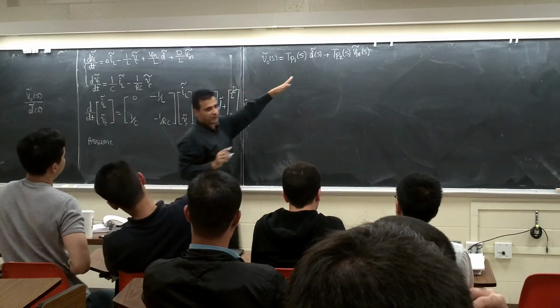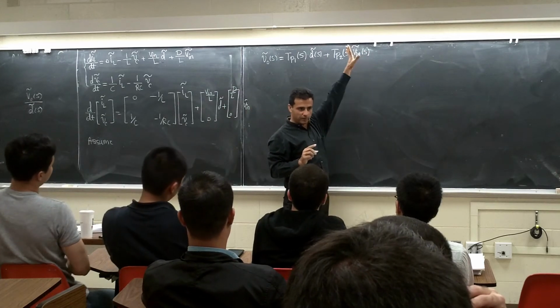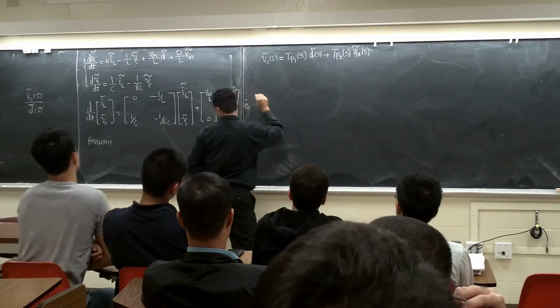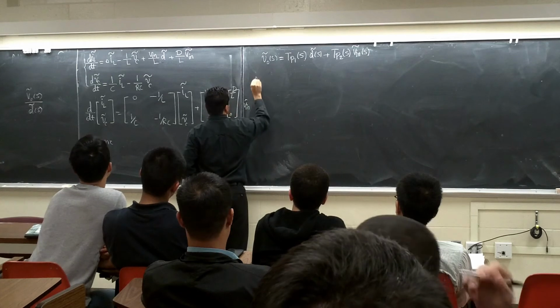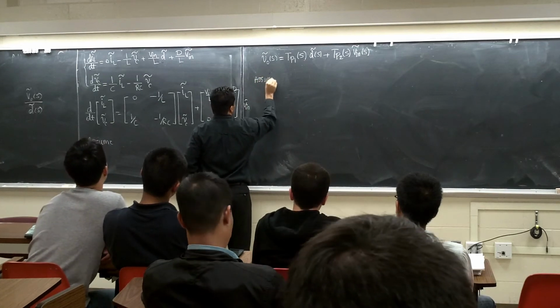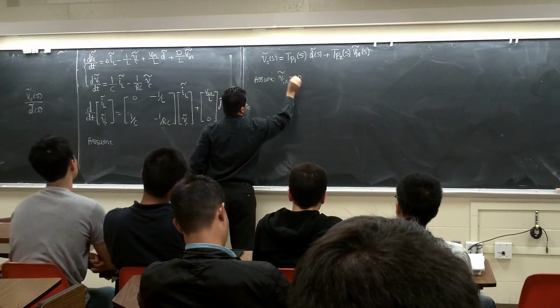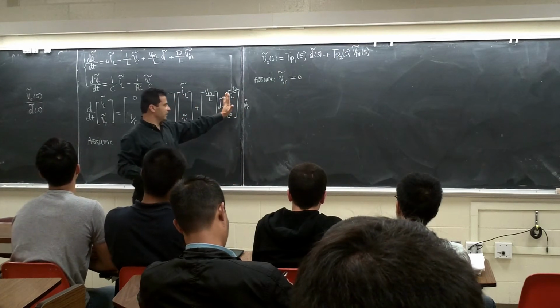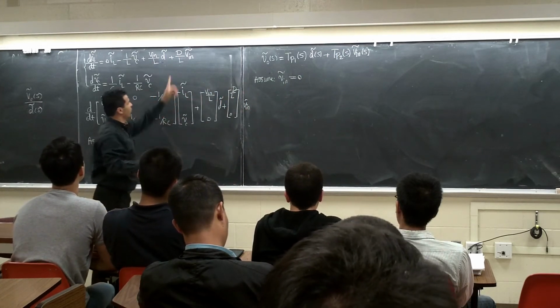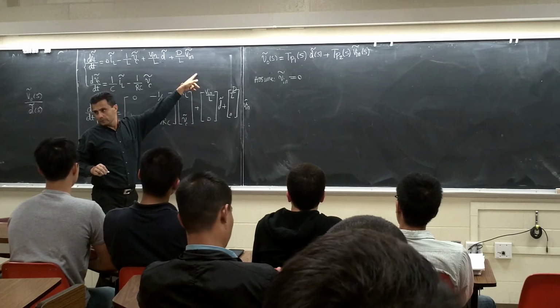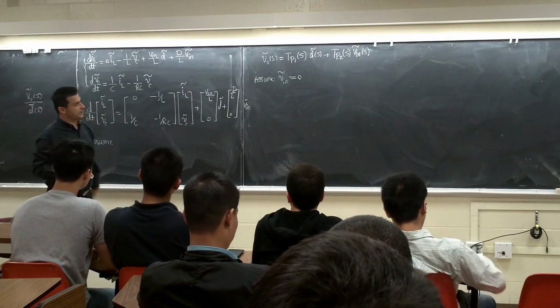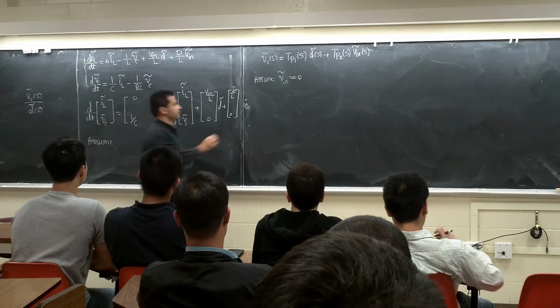If V in tilde is 0, this one is gone, right? So I'm saying here, assume V in tilde is equal to 0, right? So if V in tilde is equal to 0, this one is gone. We don't have that one. Now I want to find the TP one. I want to find the TP one.